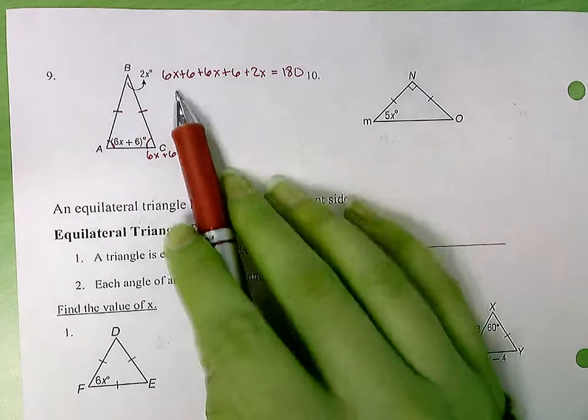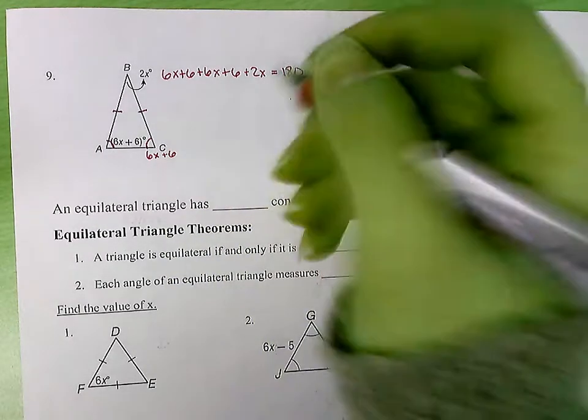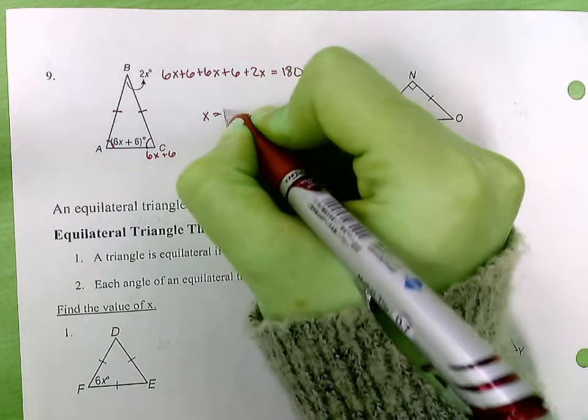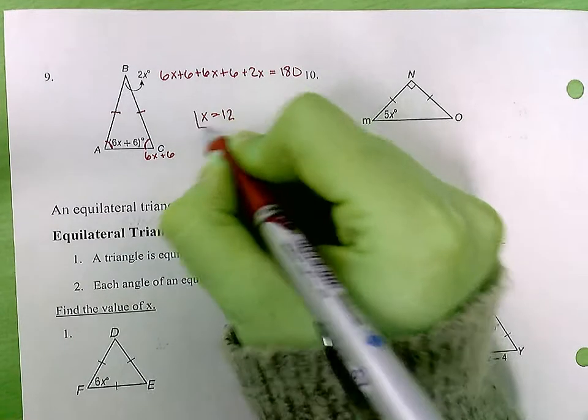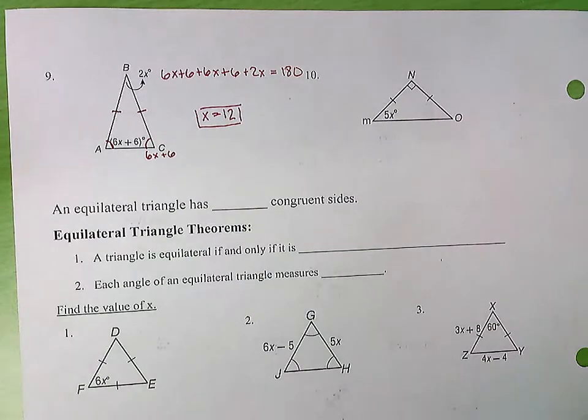So I added all of these up, set it equal to 180, and you should end up with x equal to 12. Questions on number 9?